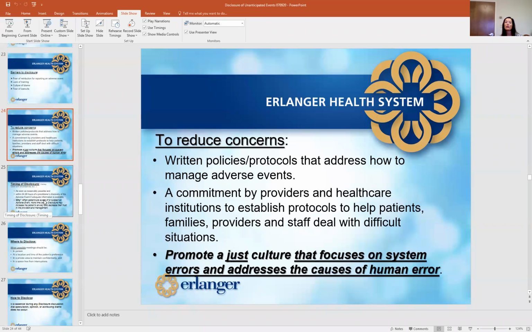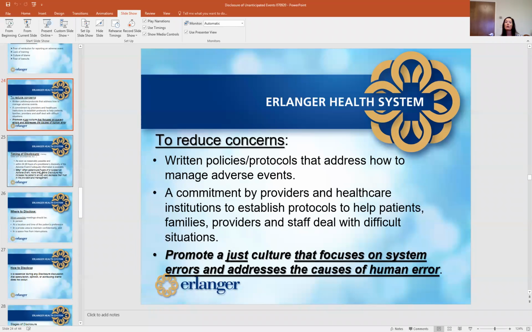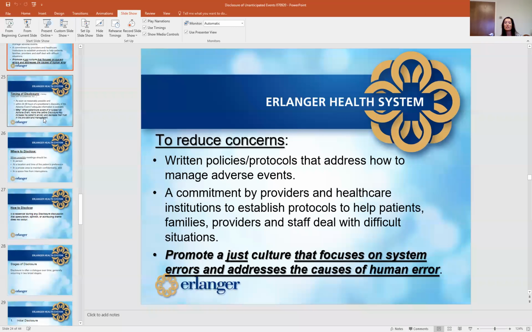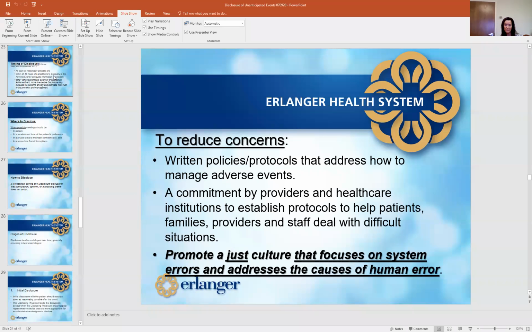So at Erlanger, we do have written policies and protocols to address how to manage adverse events. We have the disclosure guideline that Dr. Kohrt and I just worked on, and there's also an occurrence reporting policy that provides some guidance around how to manage adverse events.